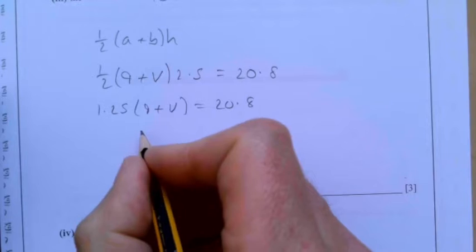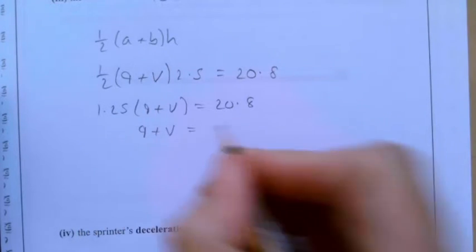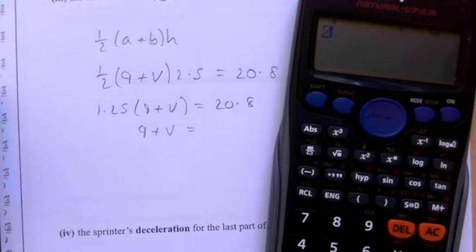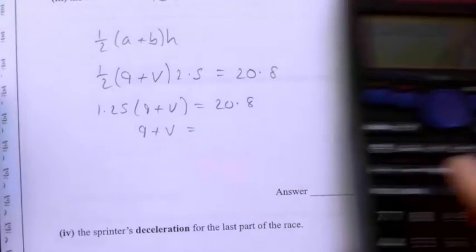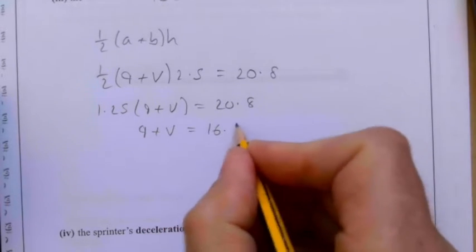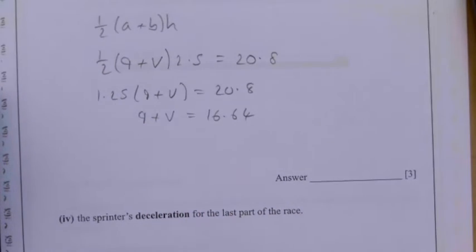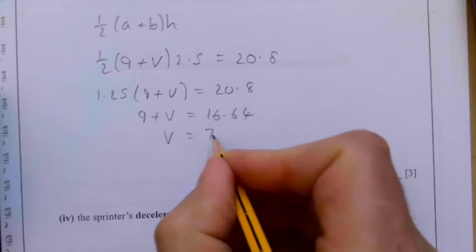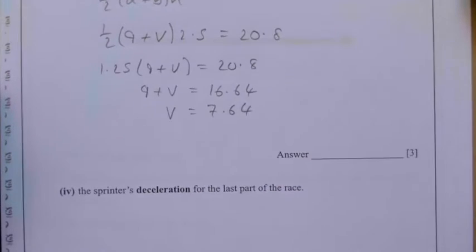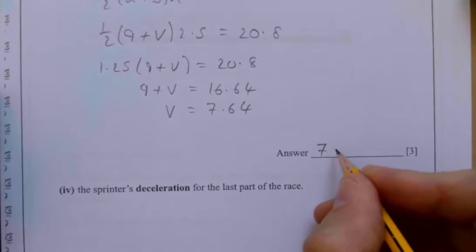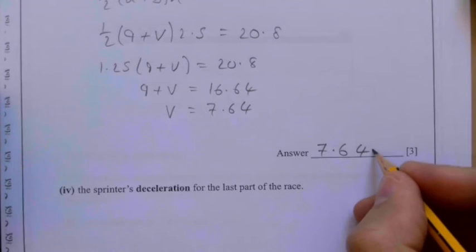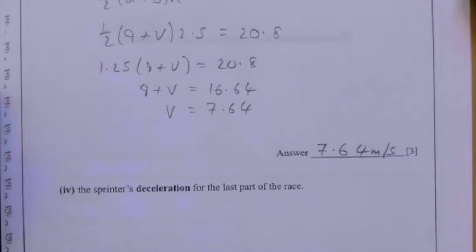I'm just going to divide by the 1.25. 9 plus v. 20.8 divided by 1.25 is 16.64, and take away 9 from both sides, I get then 7.64. So my value of v then is 7.64, and that's the speed. So it's in meters per second.